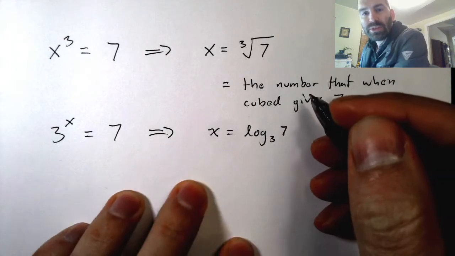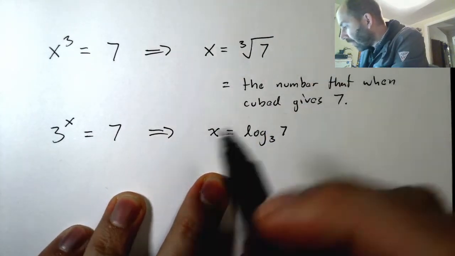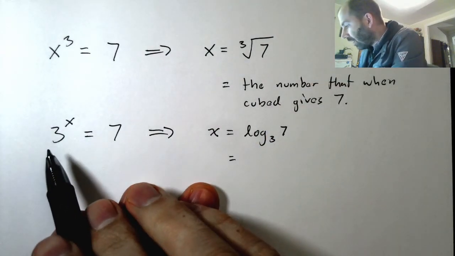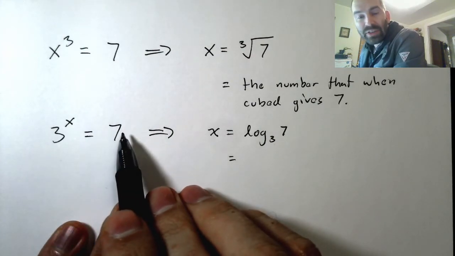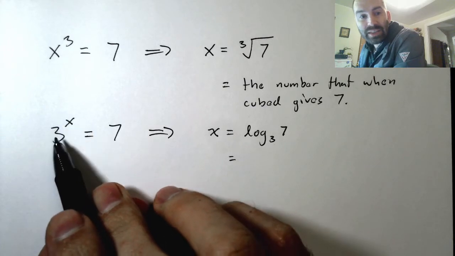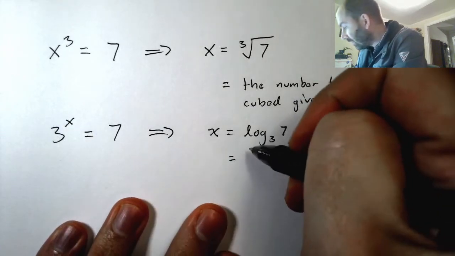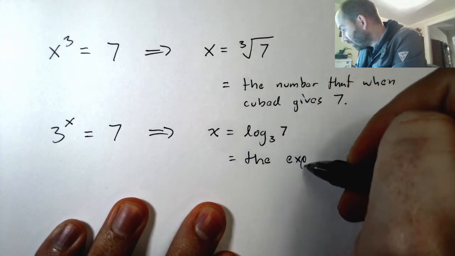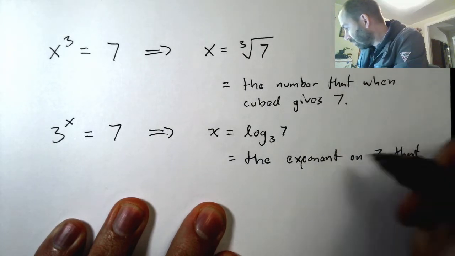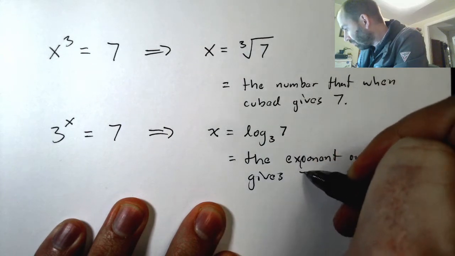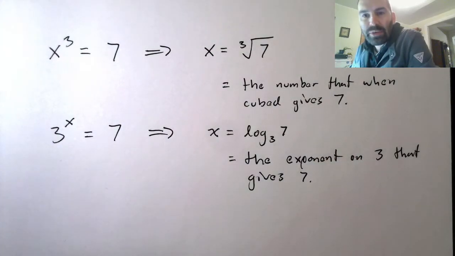And what does that represent? It's the exponent on 3 that gives 7. That's what x is. x is an exponent on 3, and it produces 7.